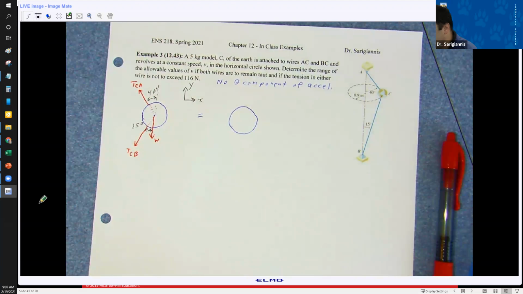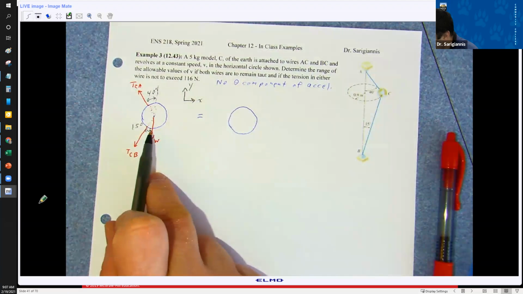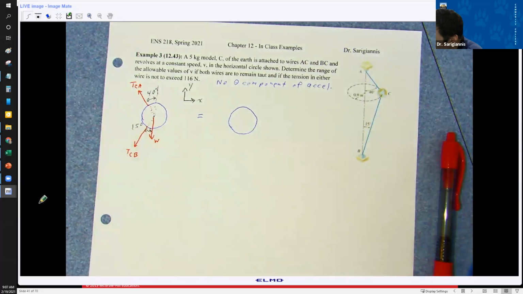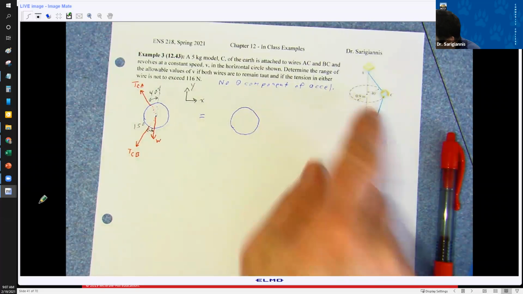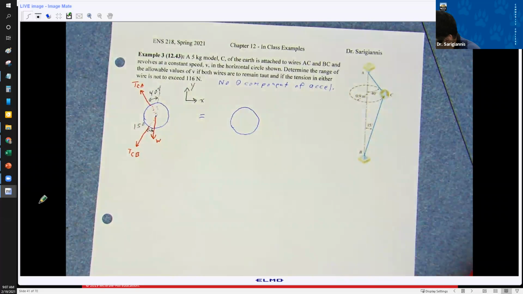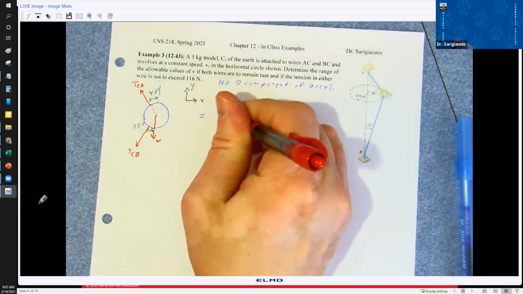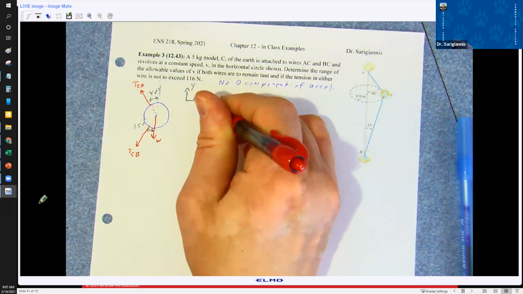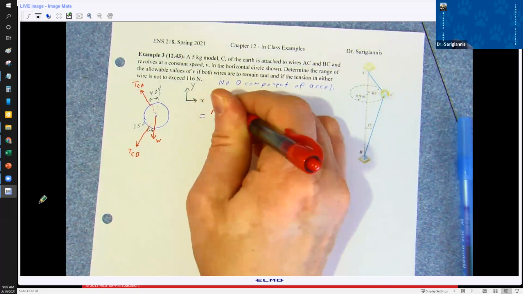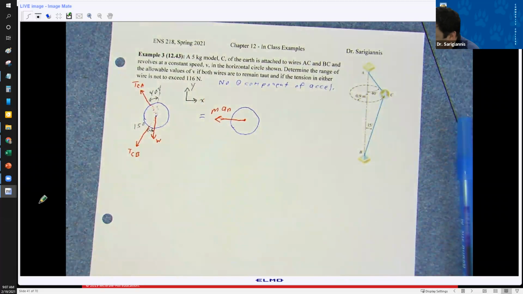All right. So this is our free body diagram of the globe, or the model, whatever it is. Now we have to set that equal to the kinetic diagram. And this is where I want you to notice there's no theta component of acceleration, right? The only component of acceleration is inward. So this is mass times the normal acceleration.